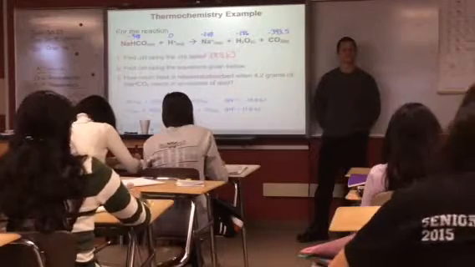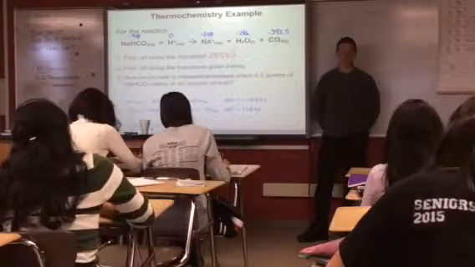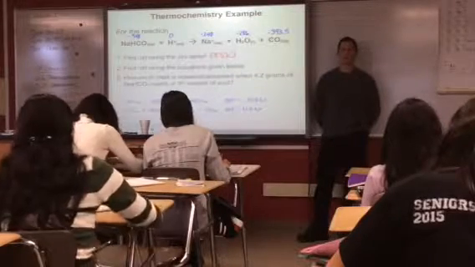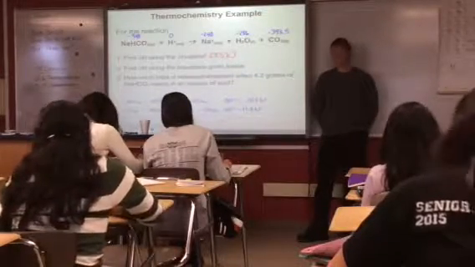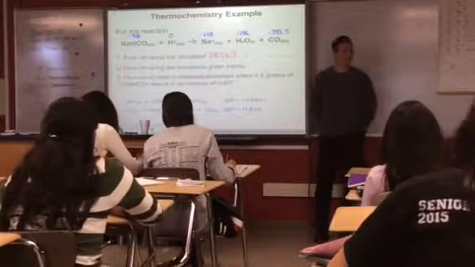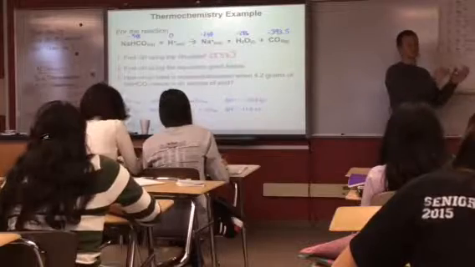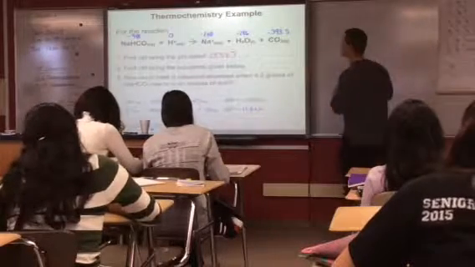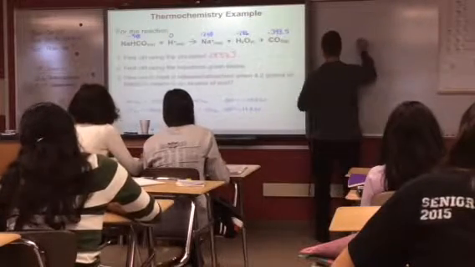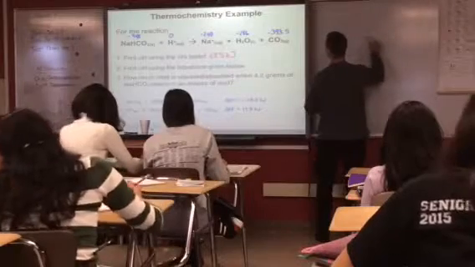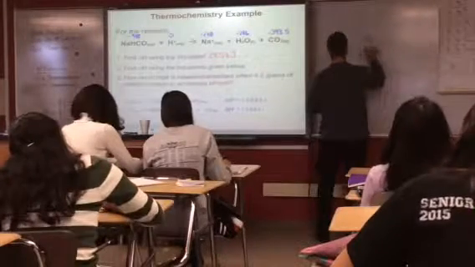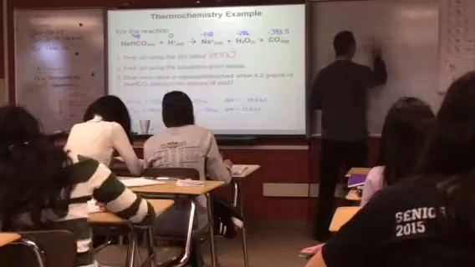I want to clarify my understanding of sig figs. When you're subtracting numbers, you don't care about how many total sig figs there are. You care about where the last measured digit is. So when you're adding negative 286 plus negative 393.5, add those together.